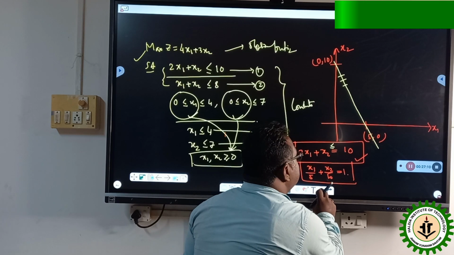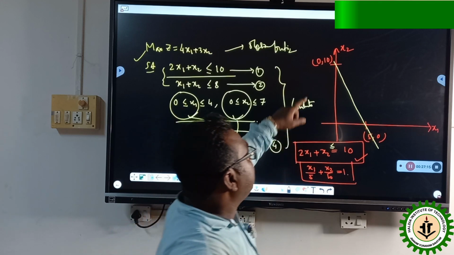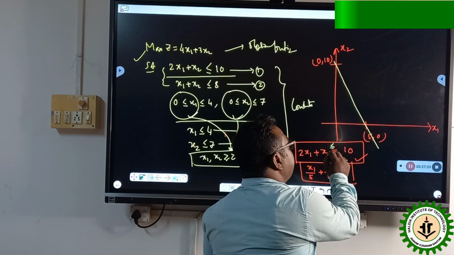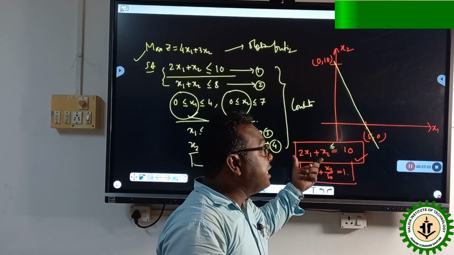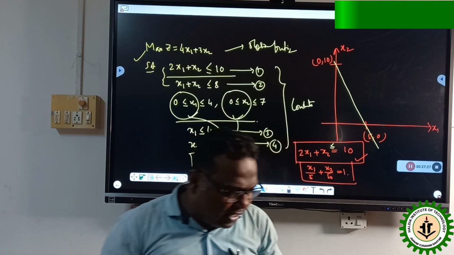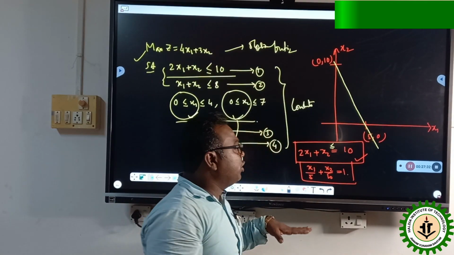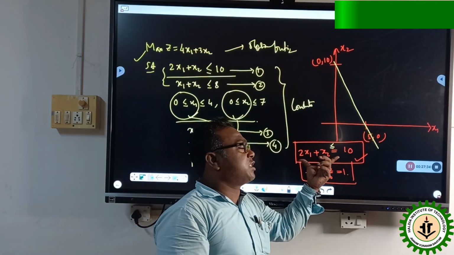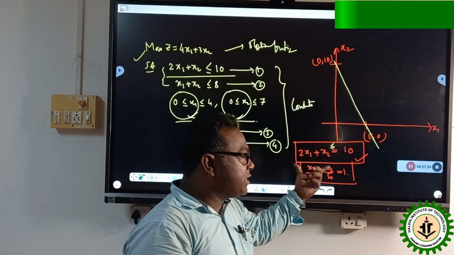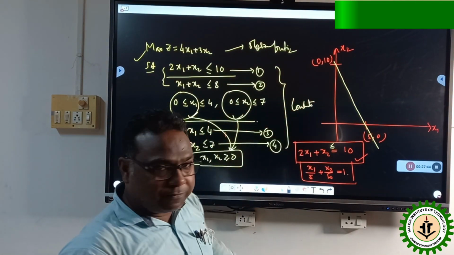So the question arises: what will be the points which satisfy these inequations? For that I have a very interesting trick. Always put 0, 0 in this expression. If it satisfies the inequation, then the points lie towards the origin.